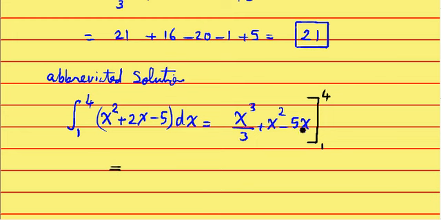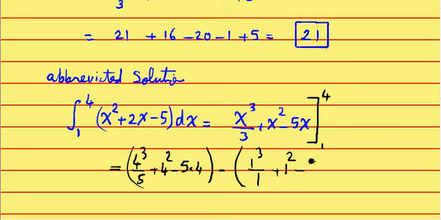So if we find the antiderivative, just copy the limits here, and then go ahead, plug in, like 4 cubed over 3 plus 4 squared minus 5 times 4, and then subtract whatever you get by plugging 1 in this. I just wrote it out so that you see where things are going to land. Crucial thing is that you have to be careful about the subtraction.